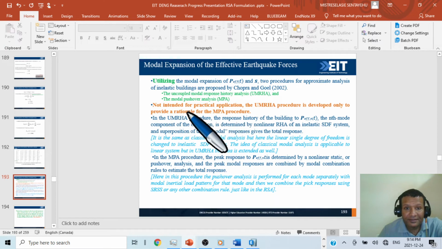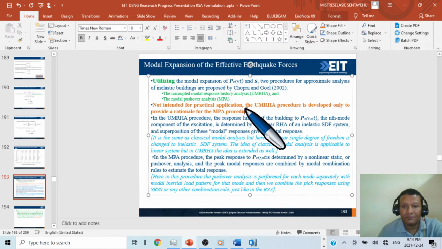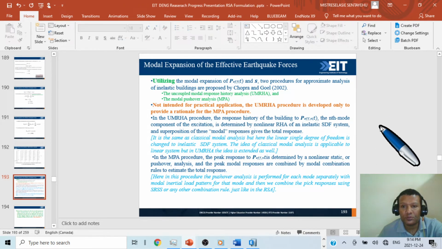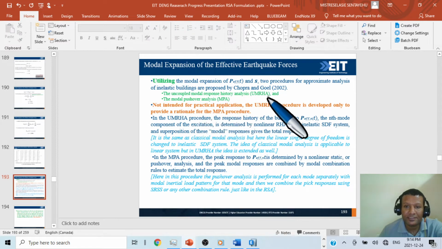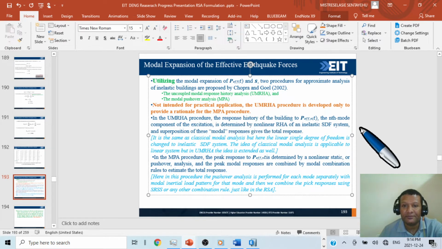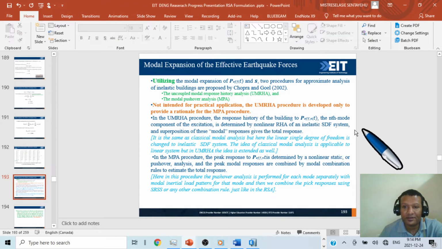Not intended for particular application, the UMRHA procedure was developed only to provide a rationale for the modal pushover analysis, but now it's also used. Most of the time we use the modal pushover analysis, but UMRHA we will also see. At the end of the day, with different research, they found out that it is important. We can use it also.